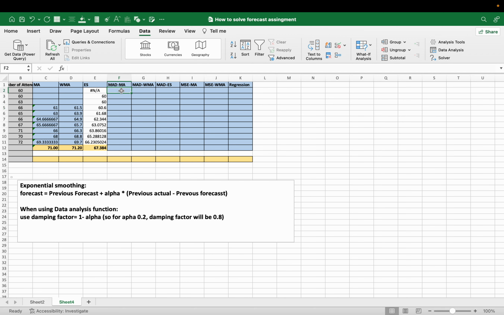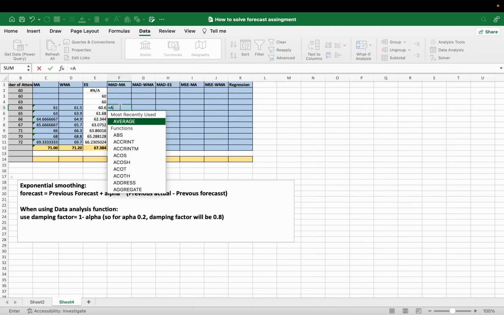You cannot start from here because for this one, although we have 60, the corresponding value of moving average is not available. Similarly, you cannot start from here, because although we have a data point, the value of moving average is not available. We must start from here because for this point we have both, which means actual data is available and forecast is also available.